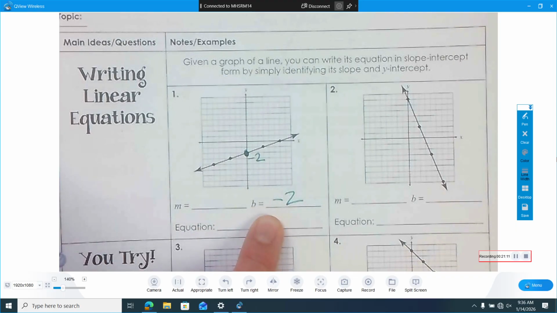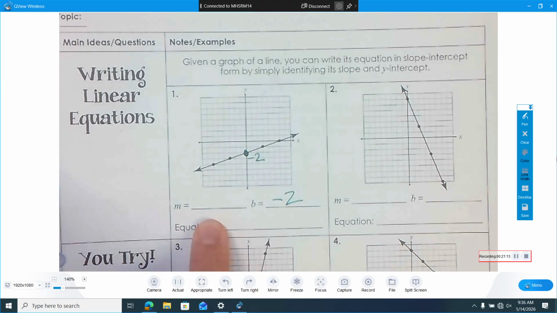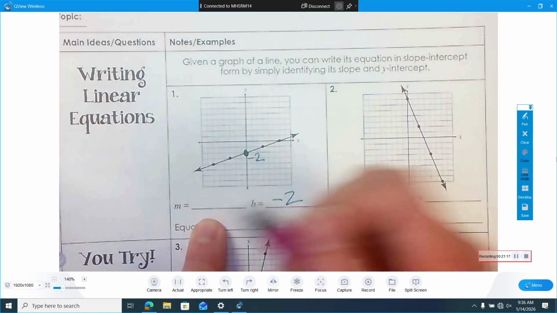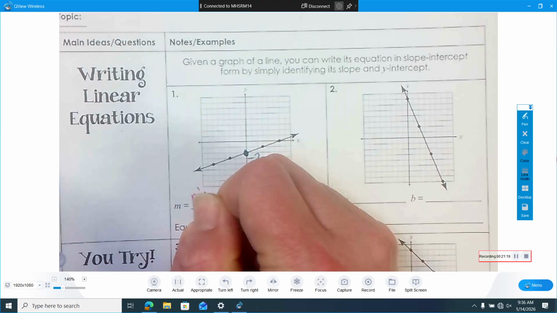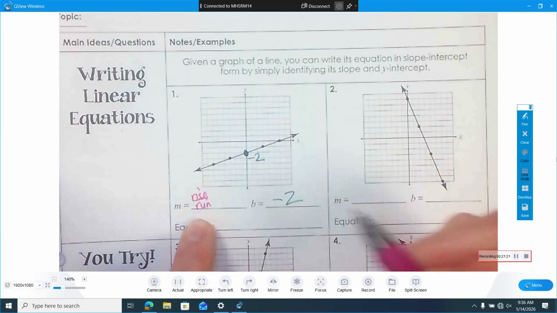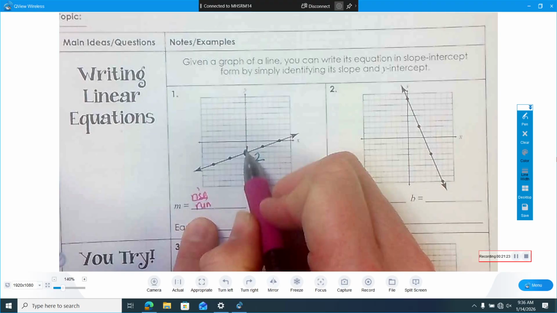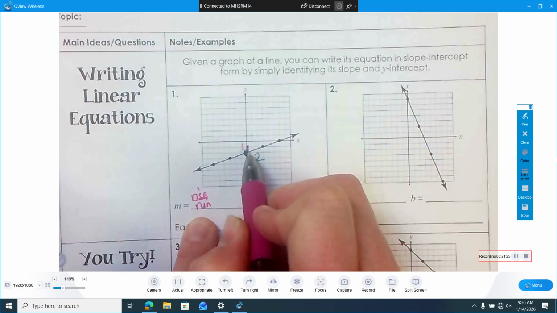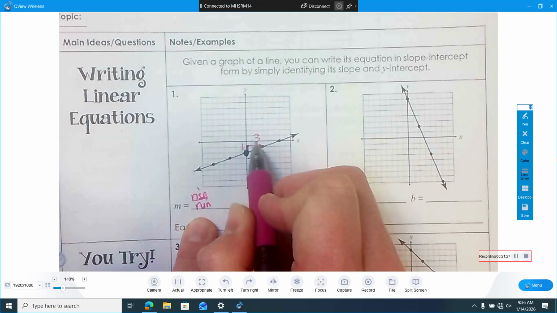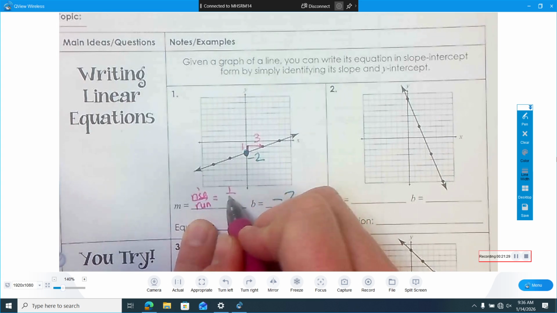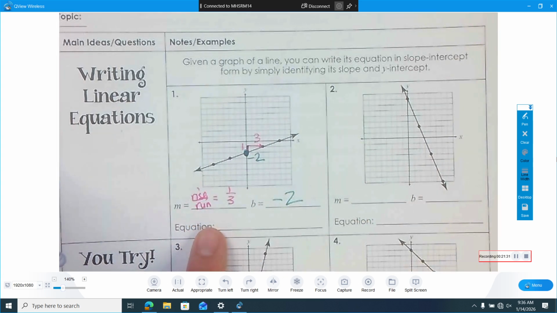Mason, Stevie, quiet please. And then, how do we figure out the slope? It's rise over run. How do we count that? Up 1 and then over 3. So we have the slope of up 1 over 3. That's 1/3.